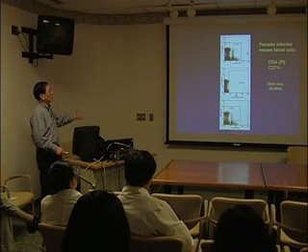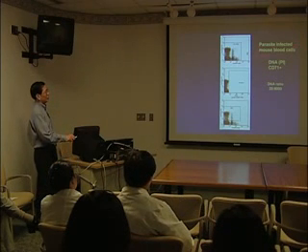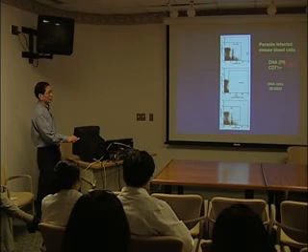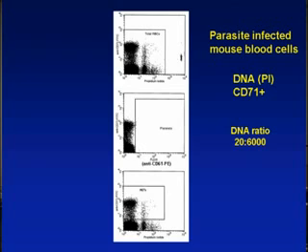Now your second sample will contain the parasite-infected mouse blood cells, which you have a DNA, you have the reticulocyte positive marker, and then you get this kind of picture. First, you have those red blood cells, immature red blood cells with normal DNA content, we exclude them.